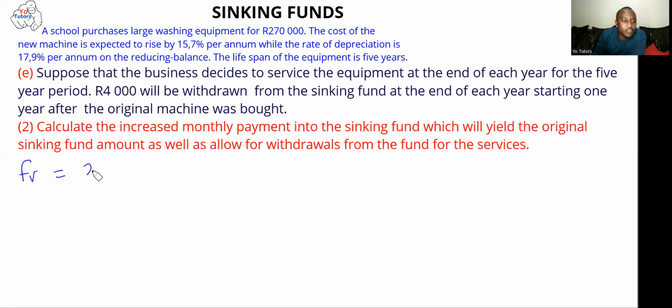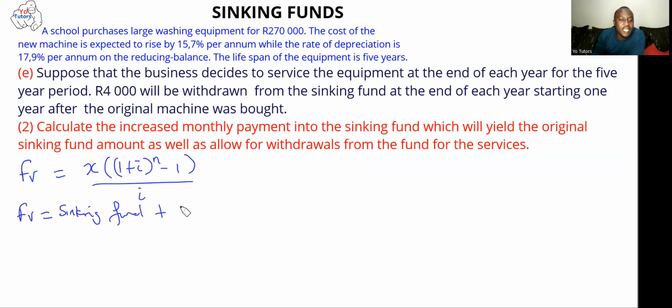Future value says what? Future value is equal to x times (1 plus i)^n minus 1 over i. So the future value that we want here is equal to the sinking fund plus the total service amount.